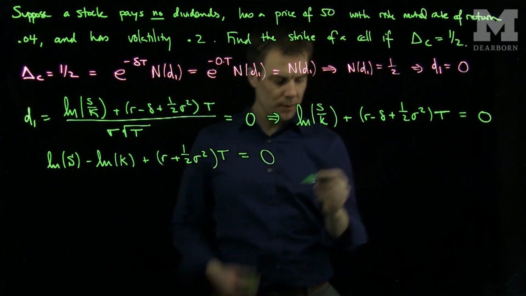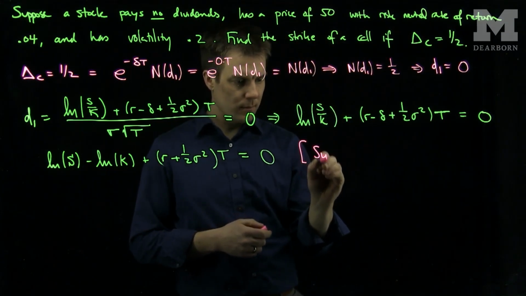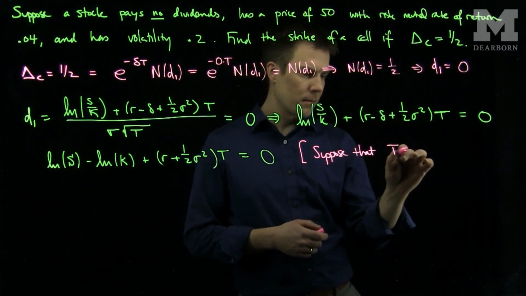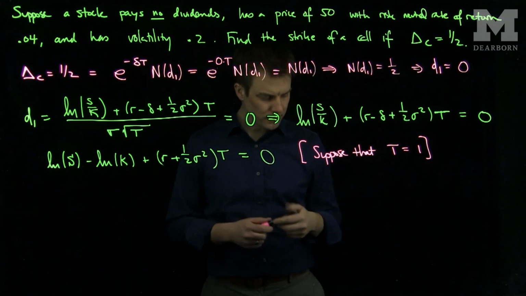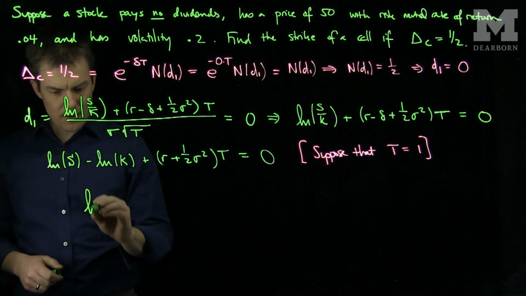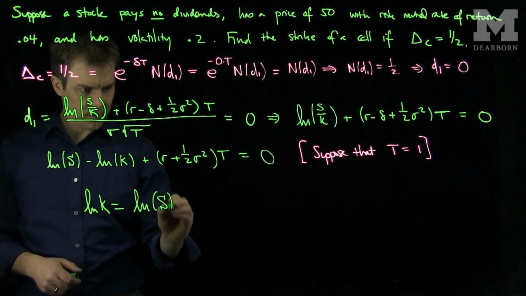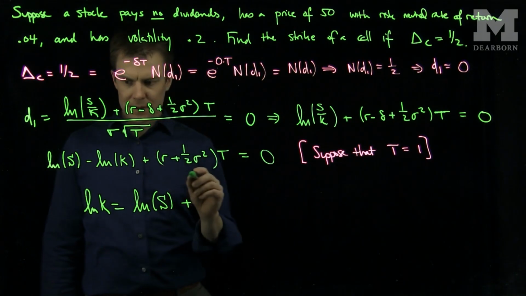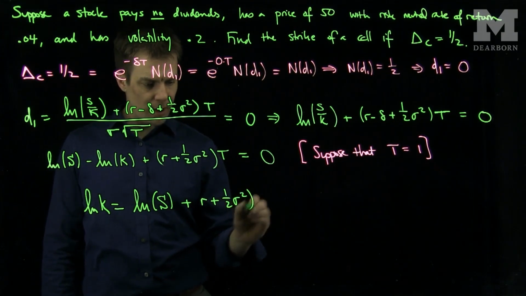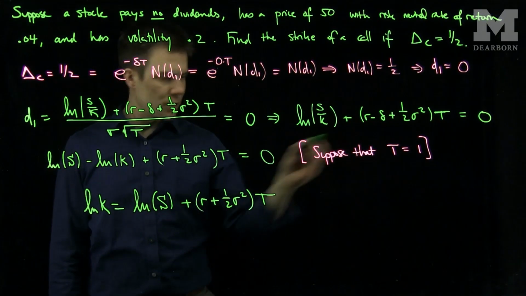Let's suppose further that t is equal to 1. If t is equal to 1, we can solve for this. So we have that the log of K is the log of S plus r plus 1/2 sigma squared times 1. We could leave the t in there if we wanted to, just knowing that's 1.